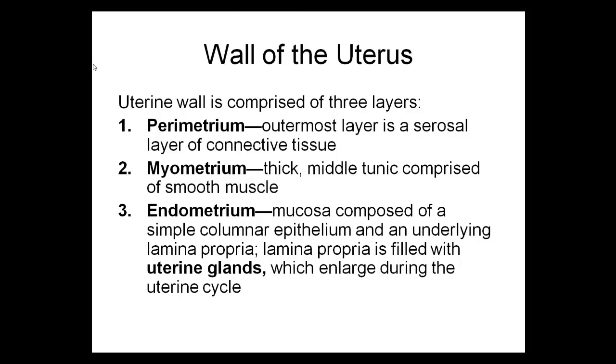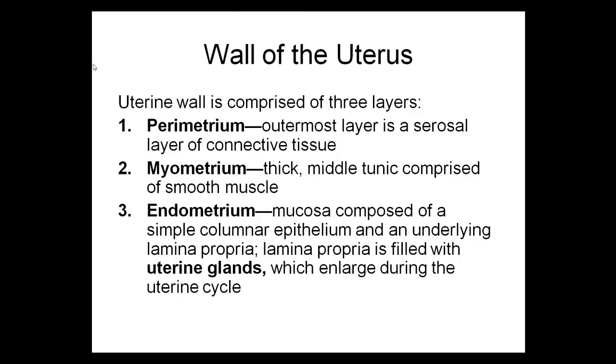Now the endometrium will have layers as well. So we'll have a basal layer that is capable of self-renewal. We call that stratum basal. Basal means basal, and stratum is layer. And then we have another layer, and that is the one that keeps proliferating and keeps shedding as well.